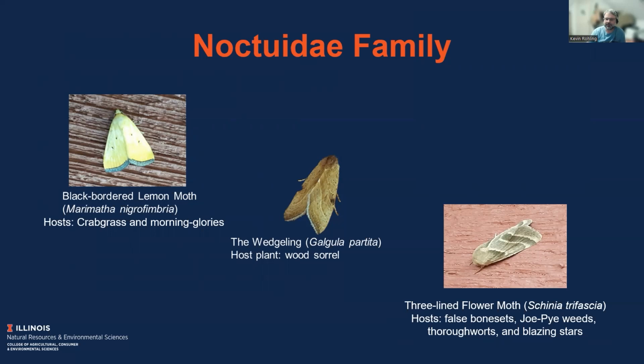And the three-line flower moths with their hosts, the bonesets and Joe Pye weeds and blazing stars. So all three of these are using more herbaceous plants versus most of the other moths we've seen so far feeding more on the woody plant species.